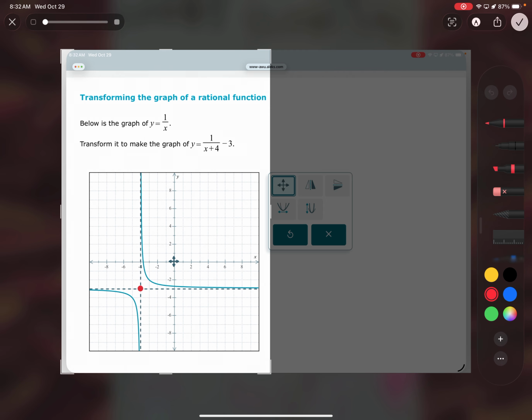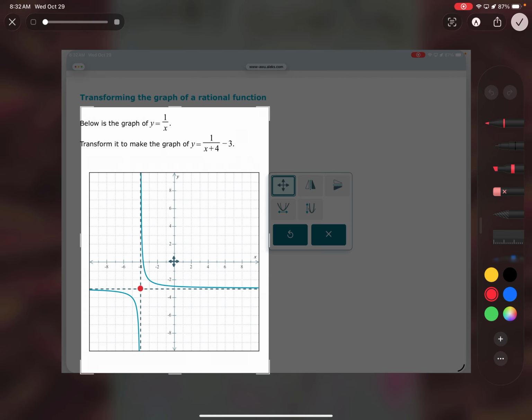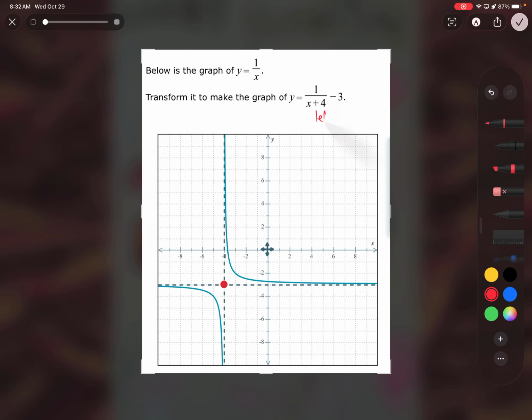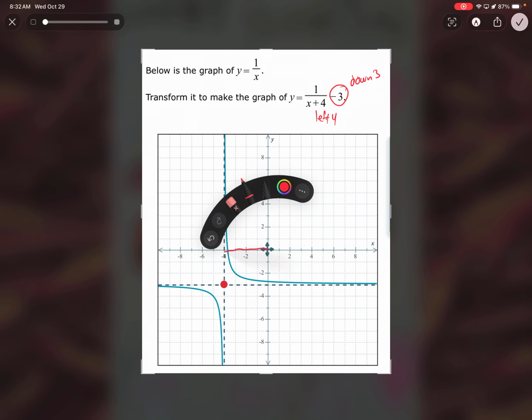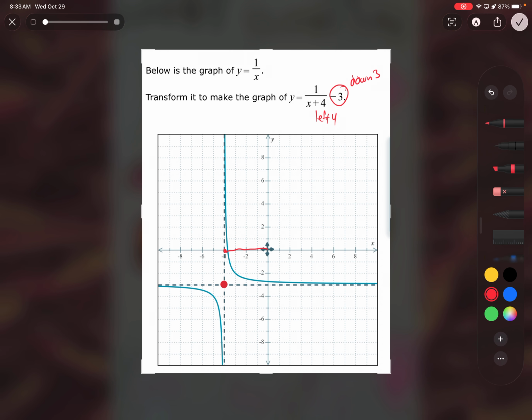Okay? So I moved it to the left 4, down 3. I don't think they get into very tricky ones on these, so that should be about all the different ones you see. This would be left 4, and this would be down 3.